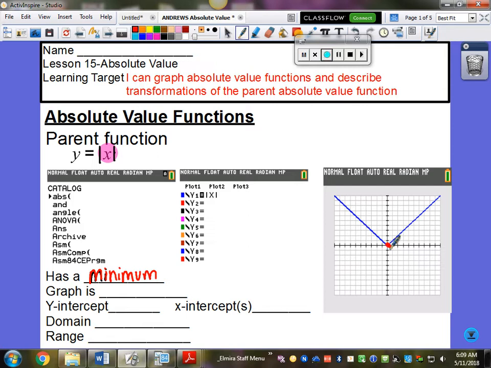I kind of copied and pasted for something I'm going to use later in the lesson, so I'm not going to use that line right now. I would say that these graphs are V-shaped. They have some of the same properties as parabolas in that sense.